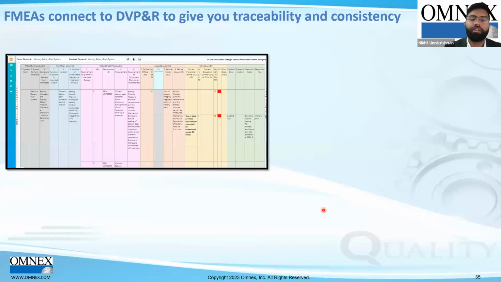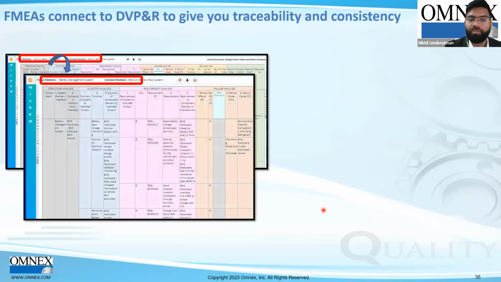Tying back the FMEAs and the DFMEAs and how they will support you with traceability and consistency. Here, remember this diagram that I showed you almost at the beginning of the presentation, when we covered the system requirements analysis process, we talked about the DFMEA. Now you have the DFMEA at the system and the subsystem level.